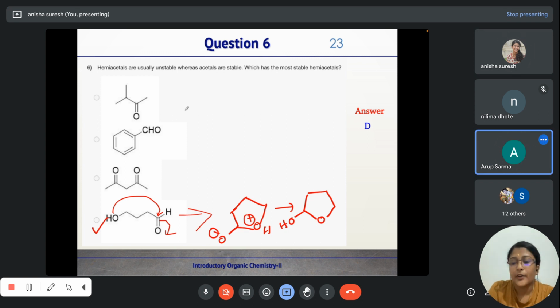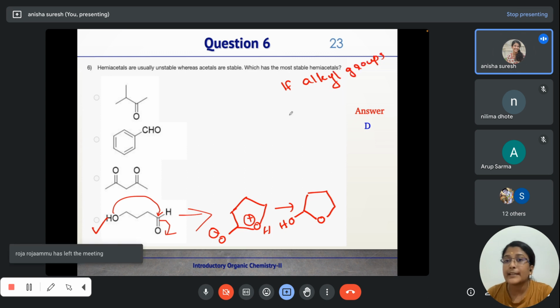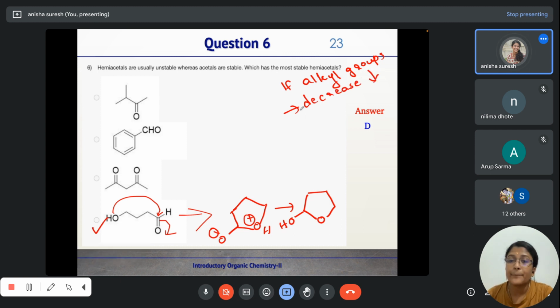Yes, ma'am. We have seen this is similar to that of the hydrates. So we have seen if alkyl groups are present, alkyl groups will decrease reactivity, right? Decrease the rate. If electron withdrawing groups are present, that will increase the rate.